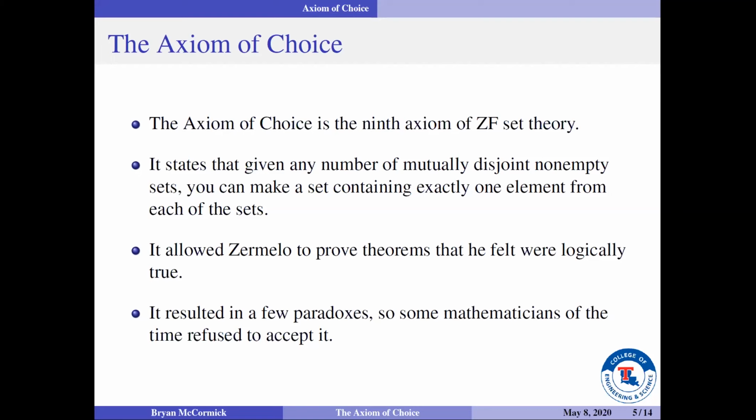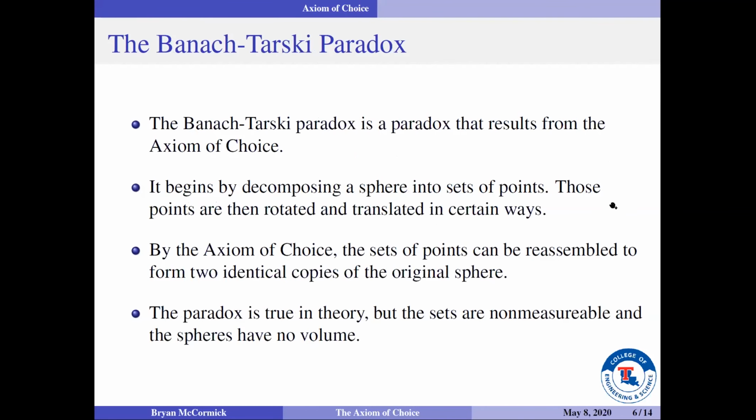The only problem is that acceptance of the axiom of choice resulted in some paradoxes, which was kind of the purpose of formalizing set theory so that we wouldn't have paradoxes. The most notable paradox that results from the axiom of choice is the Banach-Tarski paradox. The Banach-Tarski paradox starts by taking a sphere in 3-dimensional space and decomposing it into finite sets of points.